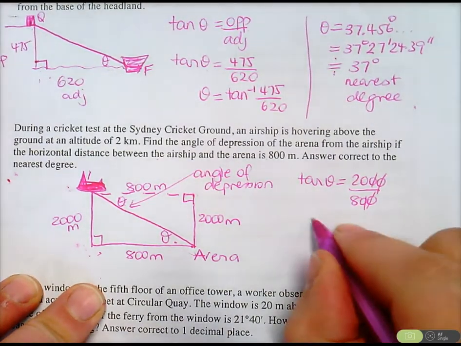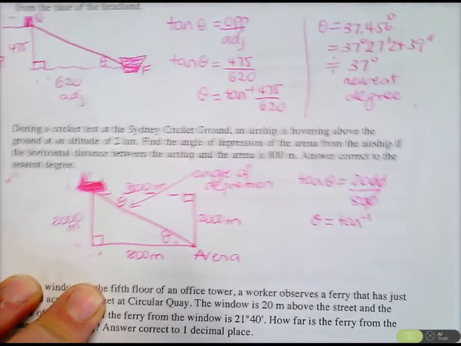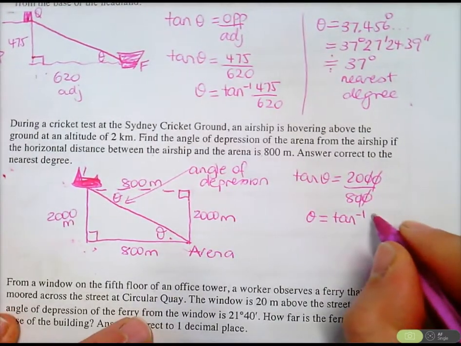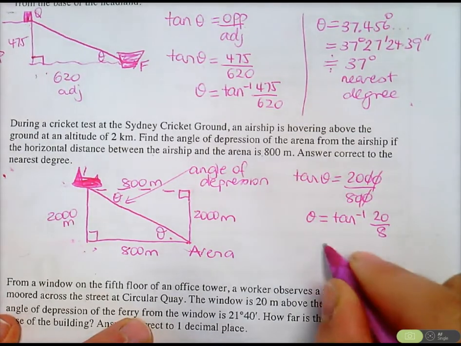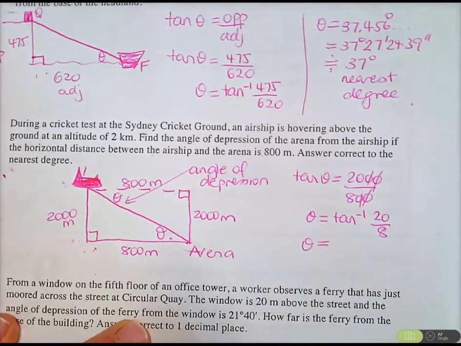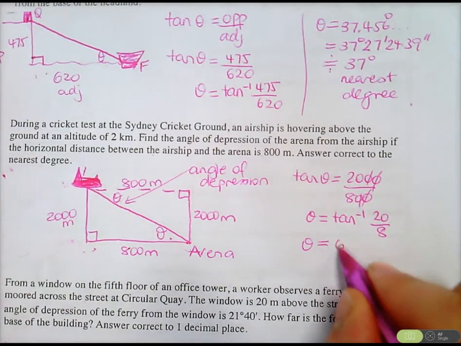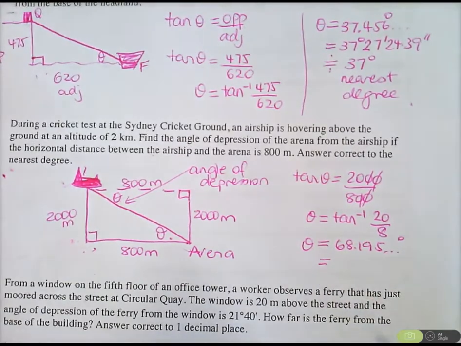Okay? So theta equals tan to the minus 1. You can change the 20 over 8 to 2.5, or you can just put it as 20 over 8, which is, do we want it to the nearest degree? Yeah. 68.19859. So you don't have to go DMS. What's that to the nearest degree?